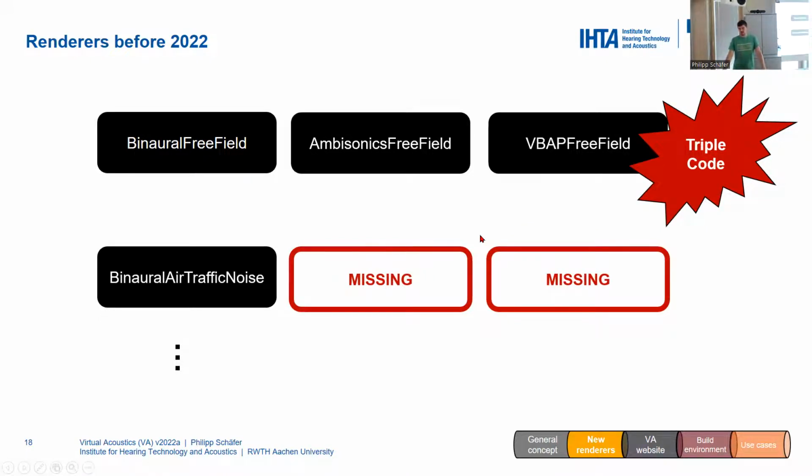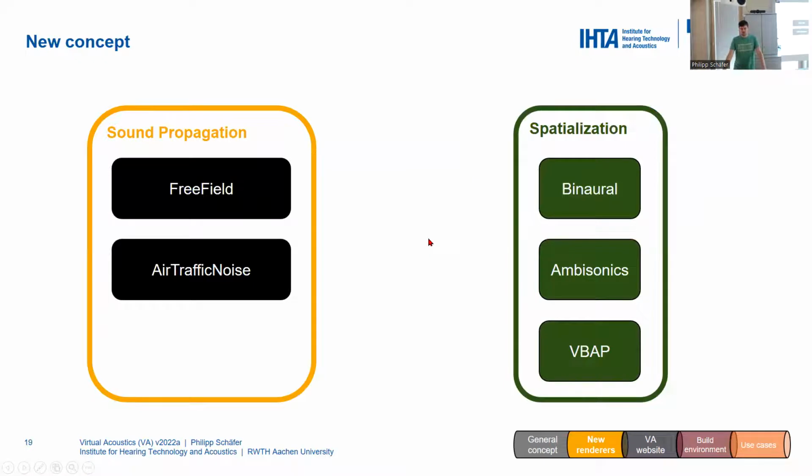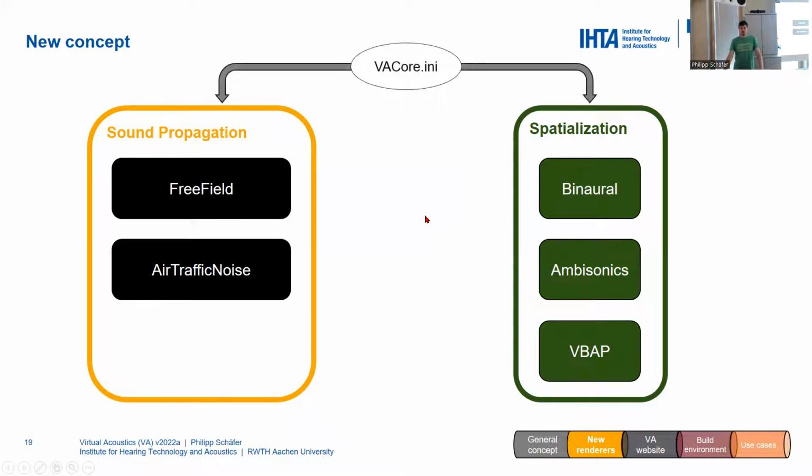So how can we change that? It's quite simple. So now there's a new concept. The new renderers are not bound to one type of spatialization anymore. So now there's a free field renderer and an air traffic noise renderer. And we have 3 types of spatialization, which are fully separated. And in our ini file, the VA core ini file, we can now configure those renderers to have a specific spatialization.